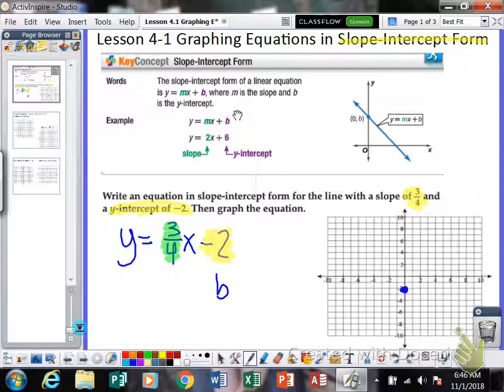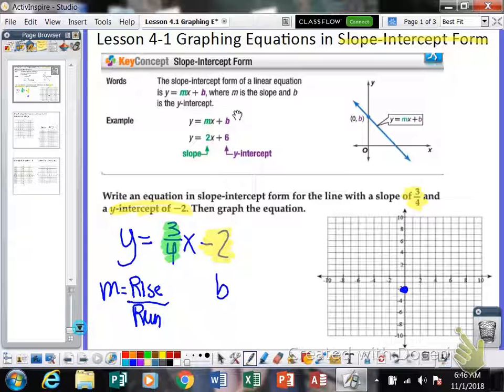So, 3/4. The slope is in the form of the rise over the run. That was our change in y over the change in x. So, from 3/4, I get a rise of 3. So, on my point on the graph, I start with my finger or my pencil, and I move up 3. 1, 2, 3.